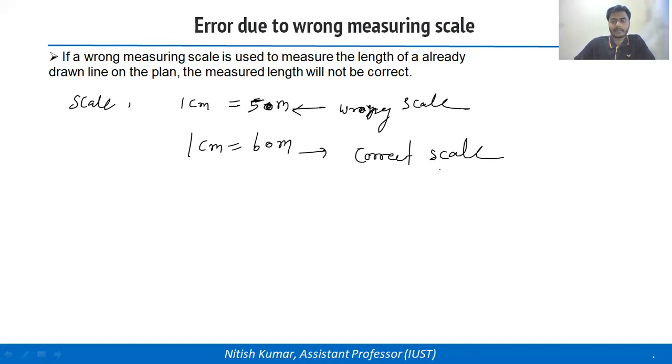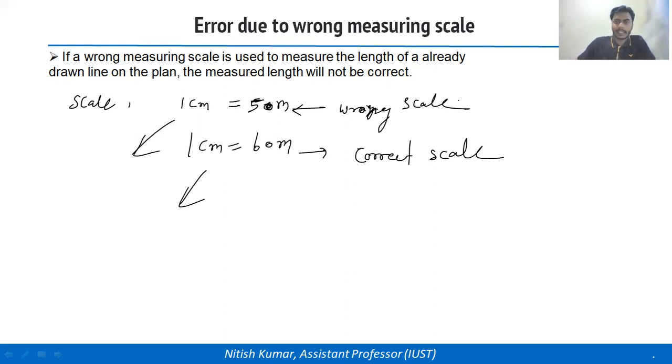So now we have given the result according to the ground distance or ground area according to the wrong scale, right? But later we find the correct scale was this. So now we have to correct the measured distance or measured area. So how can we do that? That is called error due to wrong measuring scale.